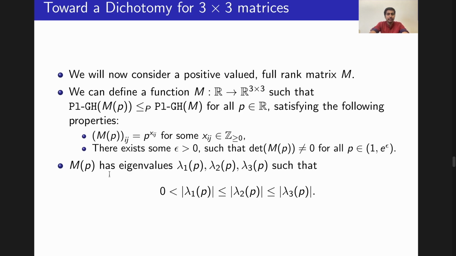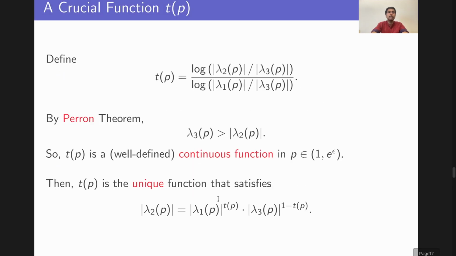Now, we can define the eigenvalues lambda 1, lambda 2, lambda 3 as functions of P, such that within the interval 1 to e to the epsilon, they are ordered in increasing order of their absolute values. With this done, we can now define a crucial function T of P to be log of lambda 2 of P divided by lambda 3 of P, divided by log of lambda 1 of P divided by lambda 3 of P. We notice that we defined M of P to have only positive values.